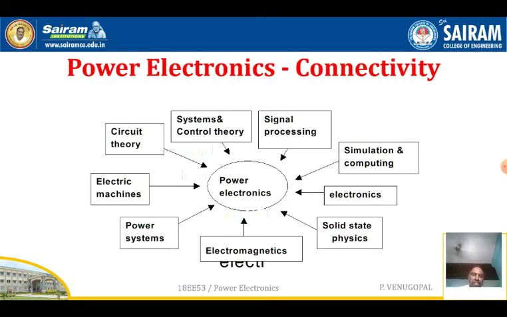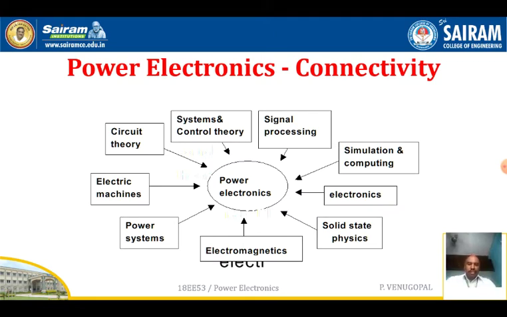Electronics is used to control and convert one form of power into another form of power. Solid state physics is involved because power electronics depends upon the switching of semiconductor devices. Electromagnetics also is involved, and power electronics is also connected with power systems and electric machines. So this is the overall connectivity of power electronics.